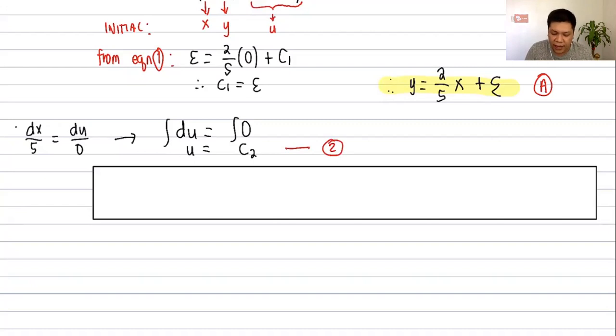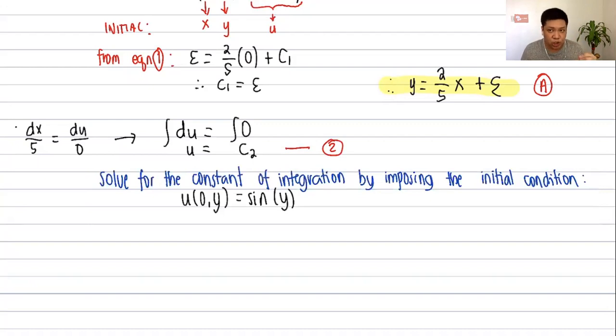Now again, as what we have done, our goal is to solve for the constant of integration C2 by imposing the initial condition. Going back, our initial condition is u(0, y) equals sine y. I can rewrite this as u(0, epsilon) equals sine epsilon, meaning I am taking any epsilon, any value, along the y axis.